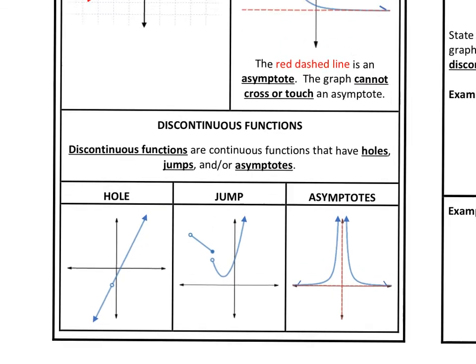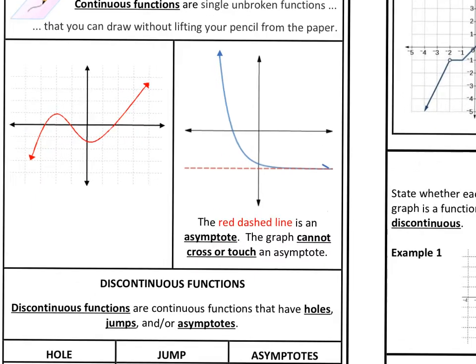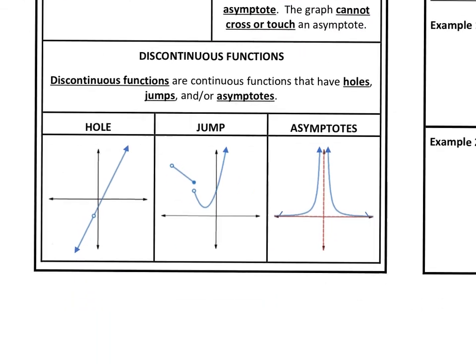Now, let me go back a little bit. This graph has an asymptote, but the asymptote is not breaking up the graph into 2 pieces. It's keeping it whole and together. And then I'll show you down here what I mean.